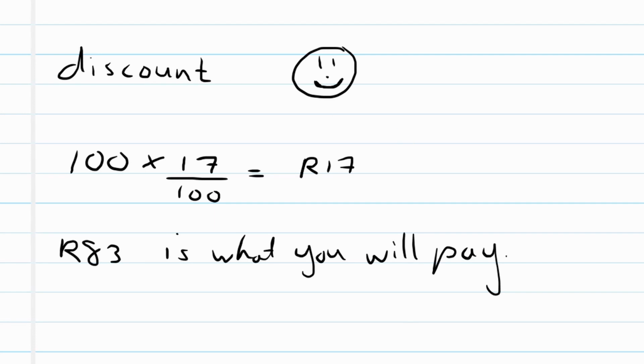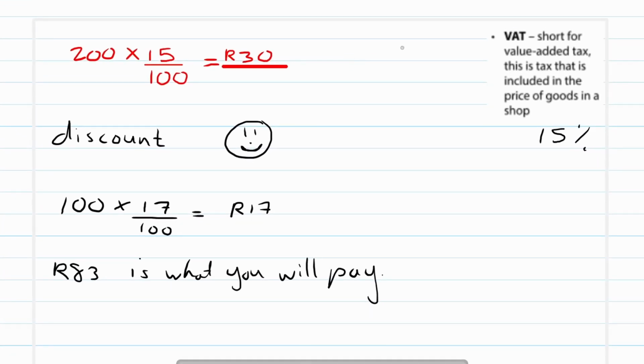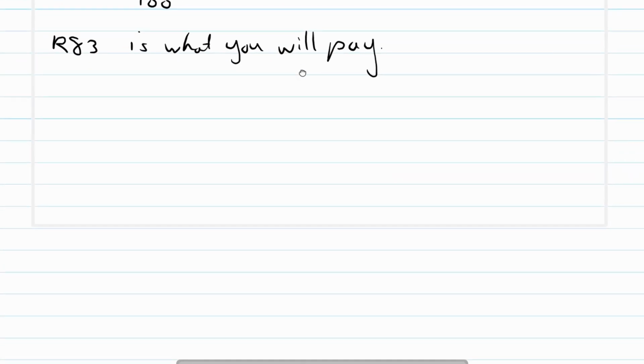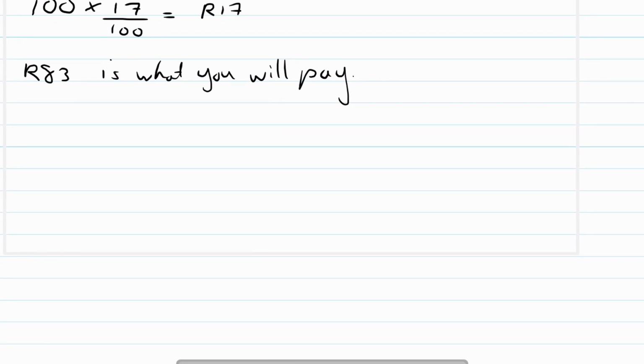So we've done VAT, and we've looked at discount. The final concepts I want to discuss are profit and loss. This is basically the difference between your cost price and selling price. So let's say you've got a business and you want to make a profit.